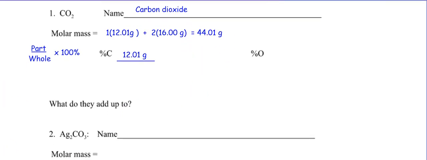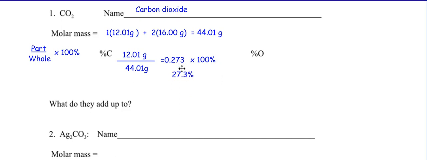And now I'm going to divide. Go ahead and use your calculator. What's 12.01 divided by 44.01? Okay, this is what I got. And then don't forget, you have to multiply that by 100%. When you multiply by 100%, just move your decimal place over 2 spots, and I got 27.3% carbon.